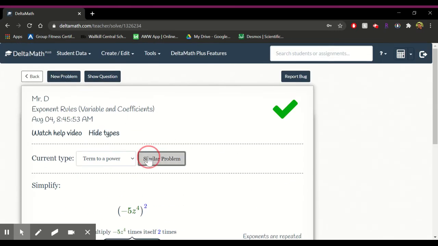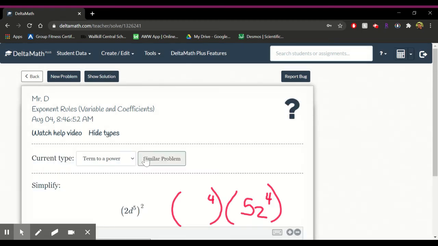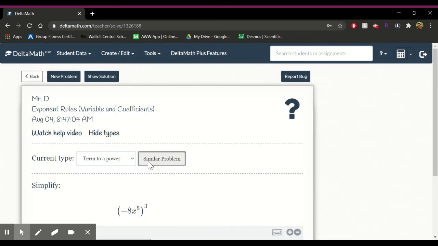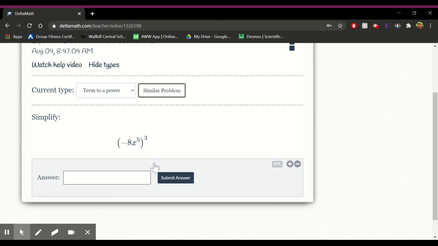And let's do another one. One more. We already saw this good stuff. Similar. All right, so I'm going to write it out.